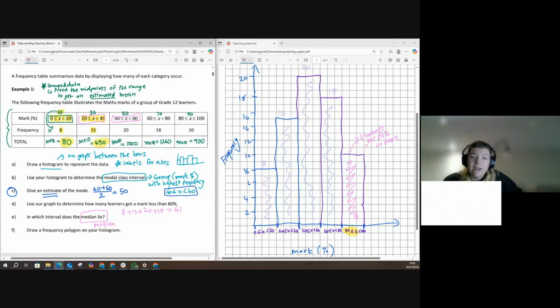They just want to know in which interval or which group the median would sit. We're just taking shots in the dark here.